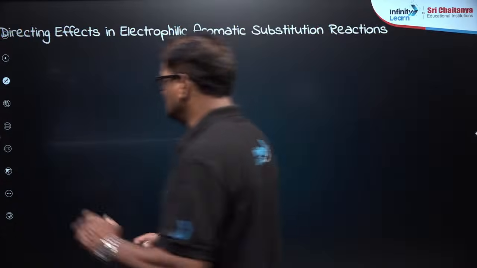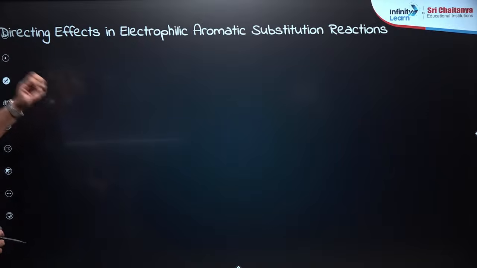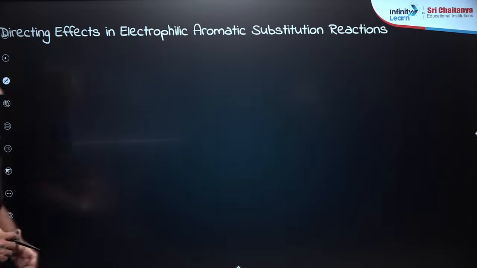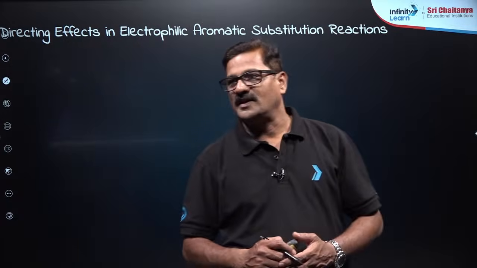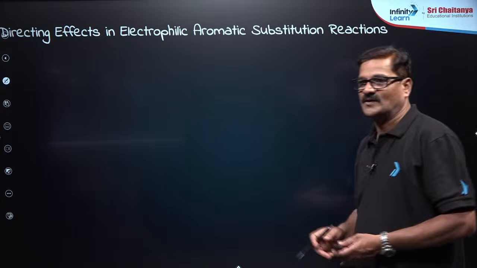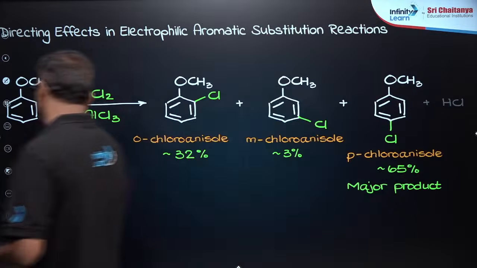Now I want to say this is an awesome concept in the NEET examination, directing effects in electrophilic aromatic substitution reactions. In this reaction, I want to say here it is an example, anisole. What is its name, beta? Anisole.